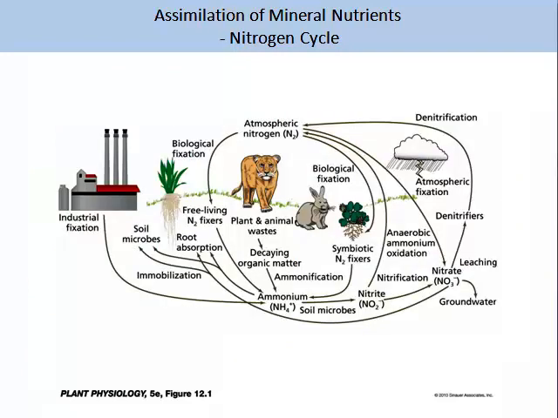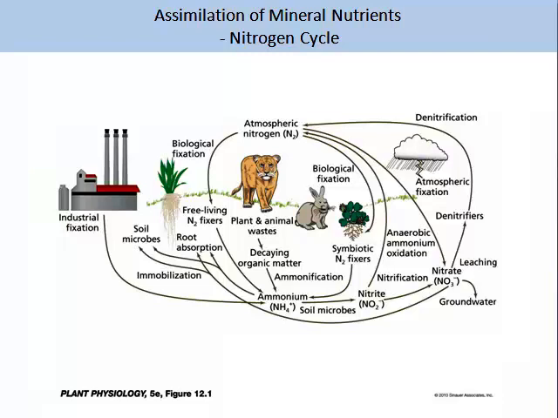The figure on your slide from the recommended textbook Taiz and Zeiger, figure 2.1, represents a visual illustration of the nitrogen cycle and its components. You can follow the three forms of nitrogen on the slide, where nitrogen is ammonia, or nitrate, or as it's found in the atmosphere as nitrogen.